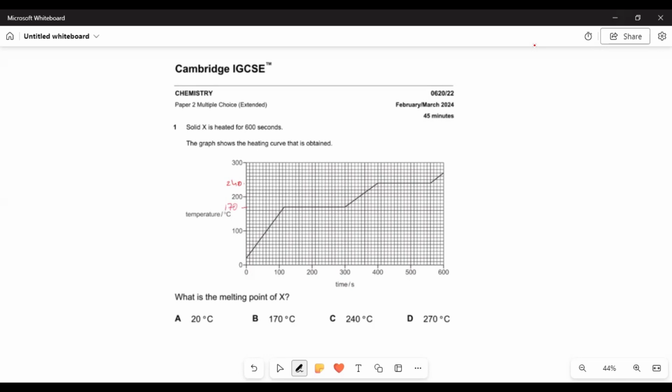So at 240 degrees Celsius, it starts boiling and temperature again becomes constant. So the first horizontal line in this heating curve represents the melting point, and the second horizontal line represents the boiling point. So in this way, you can find that B is the correct option.